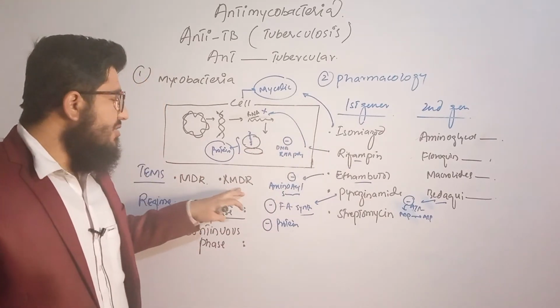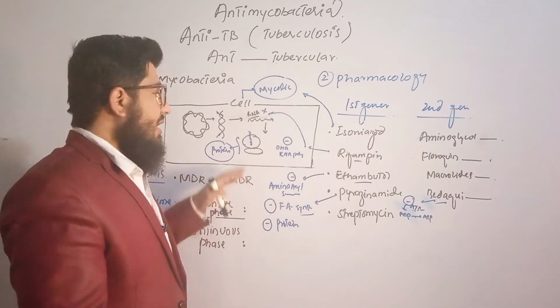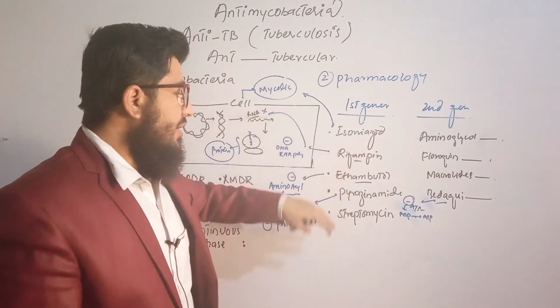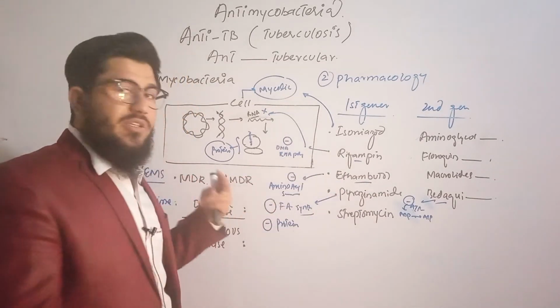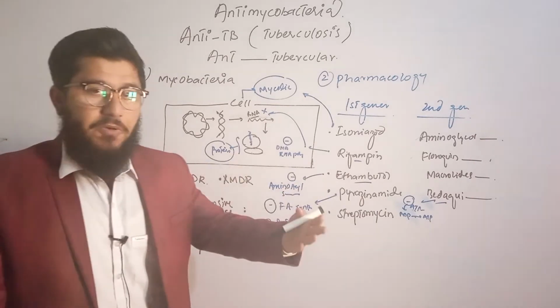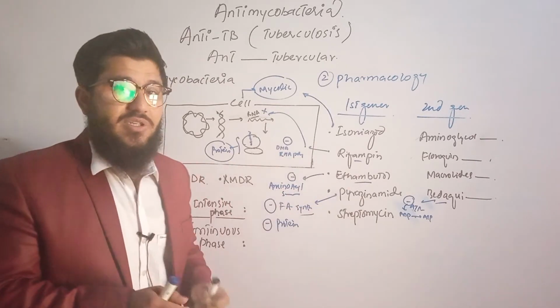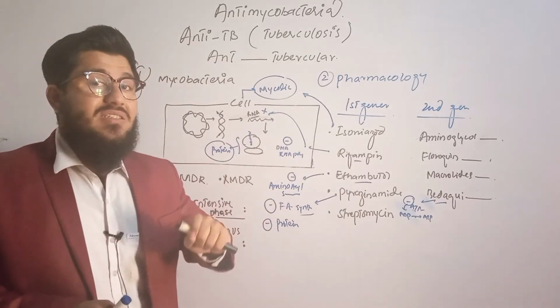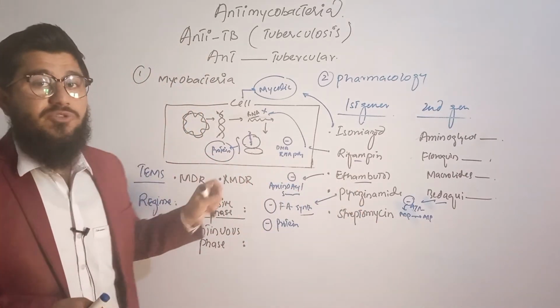And we have extensive drug resistance. In this, the patient has bacteria that show resistance against isoniazid, rifampin, ethambutol, and another one. So more than two, either 3 or 4. If the bacteria of that patient show resistance, then that TB is named XDR TB, extensive drug resistance TB, and MDR stands for multiple drug resistance TB.